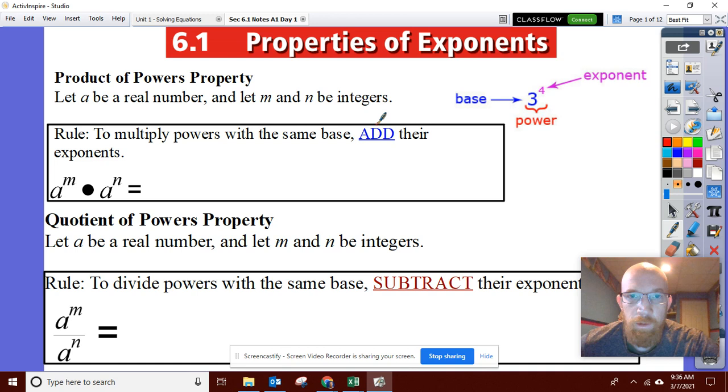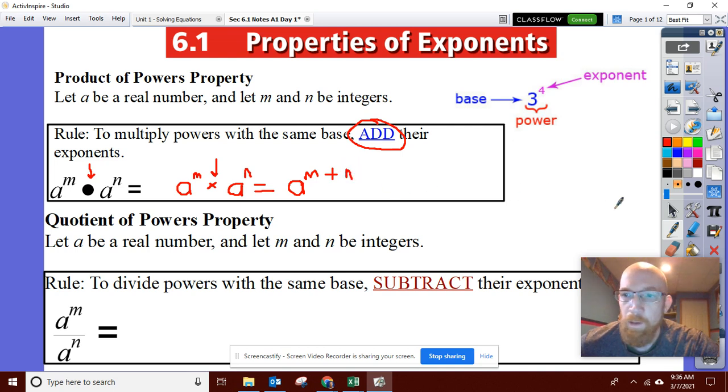This is something that you've already written, it's just a really quick review. This is a times sign, and if we have these here, we will be adding the exponents. The bases stay the same. This is a times sign right here, and this is a times sign as well, but we are adding the exponents.